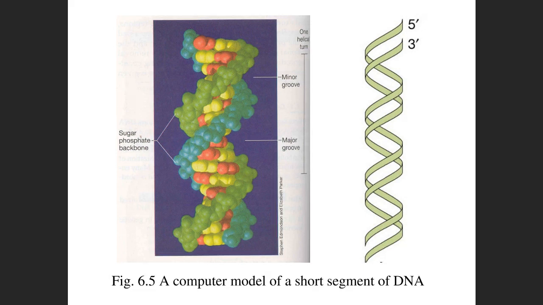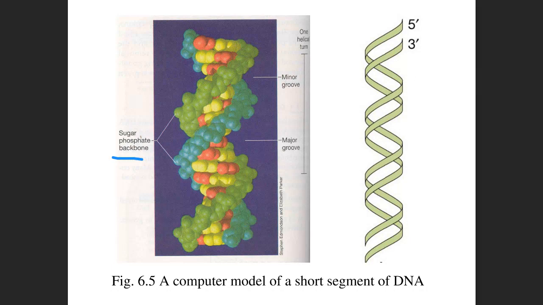And so DNA typically is presented in two different ways: the ribbon format or a filled-in model. So this model shows all the sugars and backbones. So these are sugars and phosphates, and then the part in between are the base pairs, the bases. And then it could also be represented in the ribbon format.